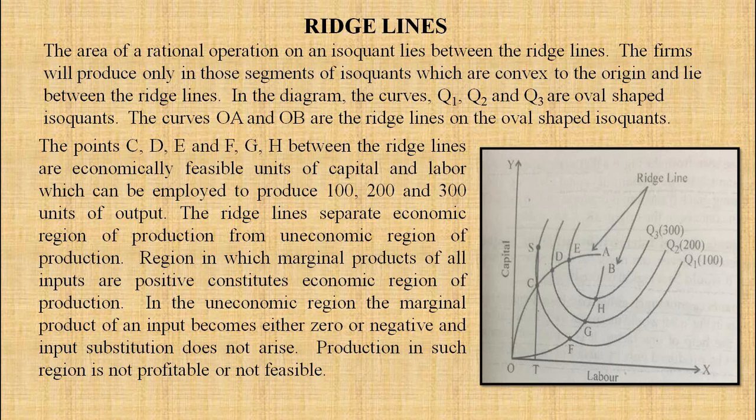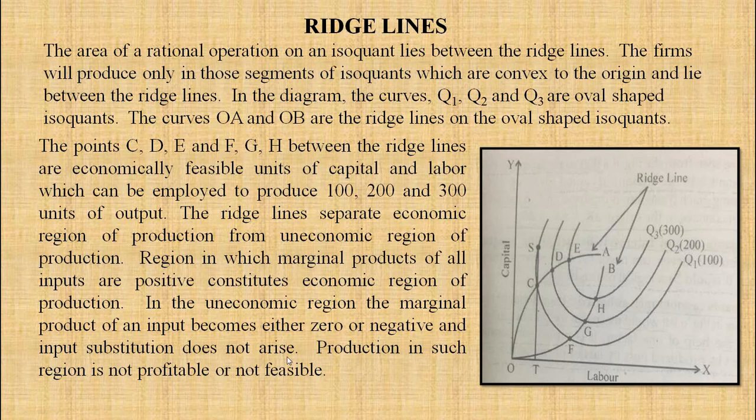In the diagram, the curves Q1, Q2, Q3 are oval shaped isoquants. See, this is an oval shaped isoquant. The curves OA and OB are the ridge lines on the oval shaped isoquants.